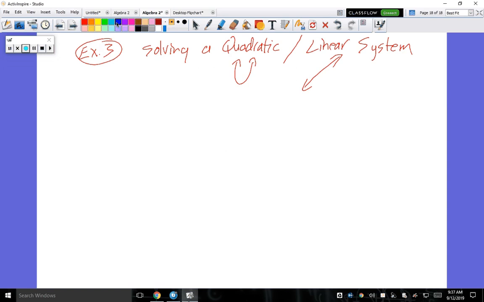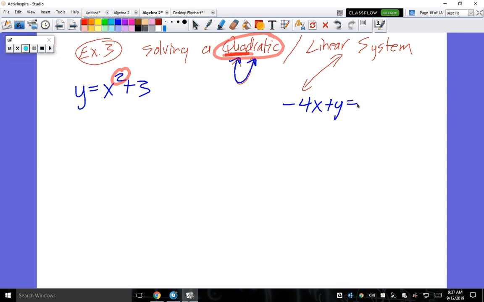So the two equations that I want to give you are y is equal to x squared plus 3, that's the quadratic, and the reason why it's quadratic is because it's raised to the power of 2. And those of you probably thinking about this, quad is usually 4. Some people think it should be raised to the power of 4, but we'll talk about that soon of why it's 2. Okay? And then the linear function that we're going to use is negative 4x plus y is equal to 3.